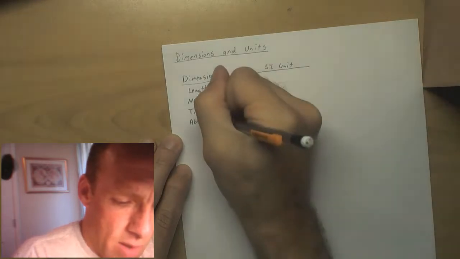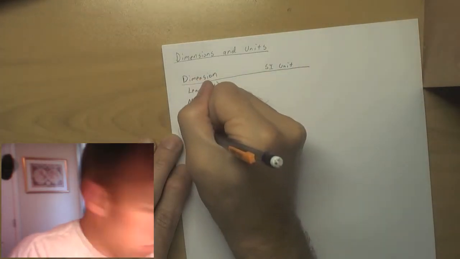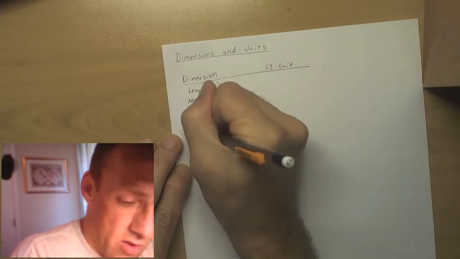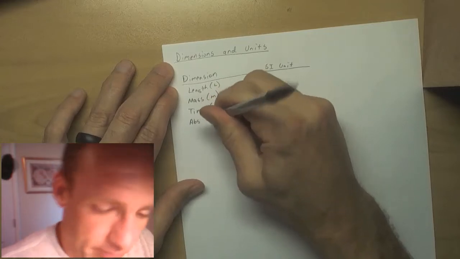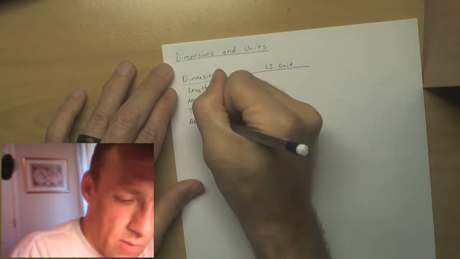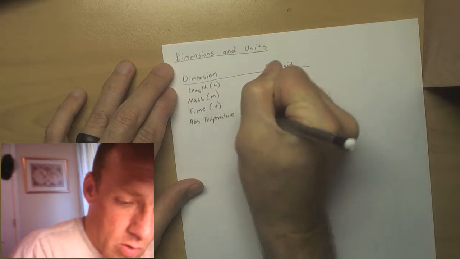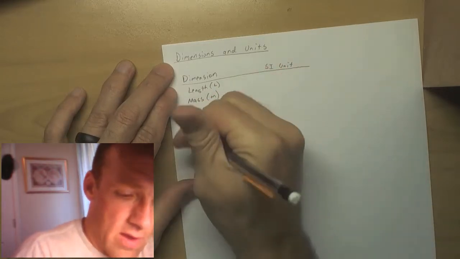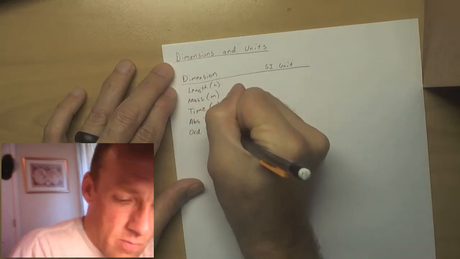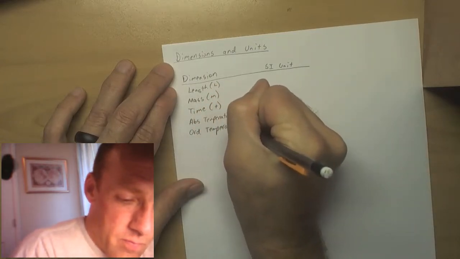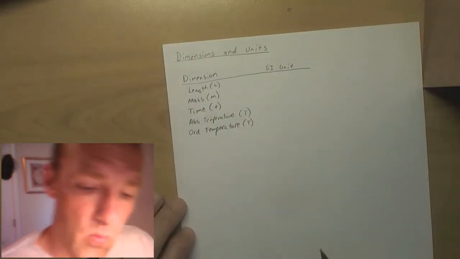There's an absolute temperature, and what I'm calling here an ordinary temperature. Okay, so absolute temperature given by capital T, and then an ordinary temperature also given by capital T.